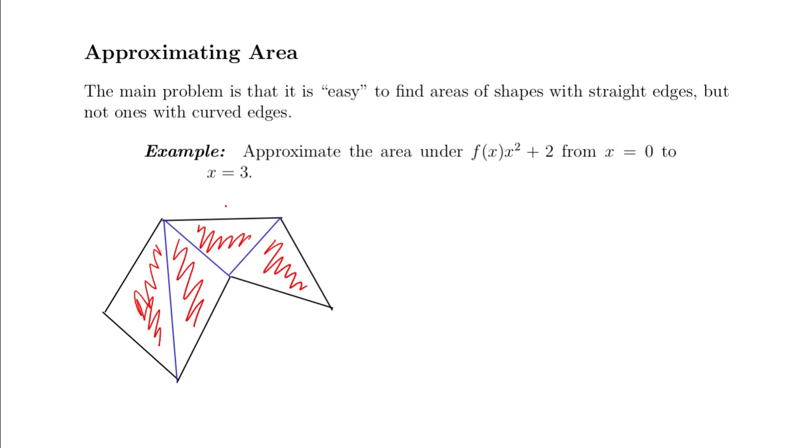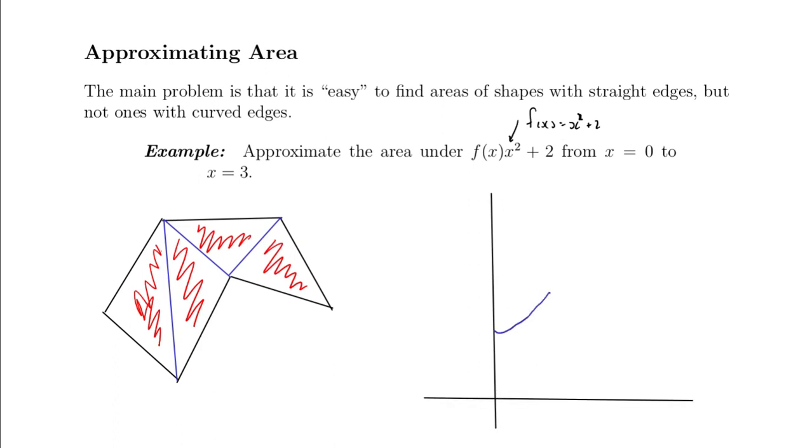So that's cool. What we'll find, though, is that when we have a function, this is supposed to be f of x equals x squared plus 2, when we have a function like this kind of parabola here, we're going to have a curved shape, and that ends up being a lot harder to approximate areas. So this is the area we're thinking of. We've got this nice parabola here.